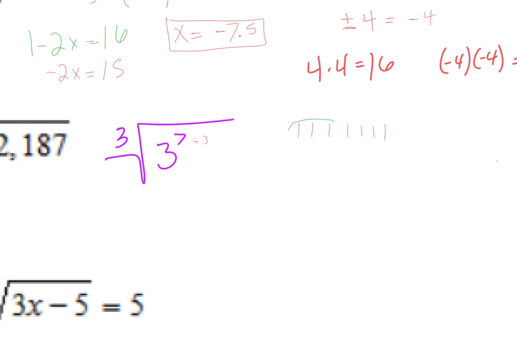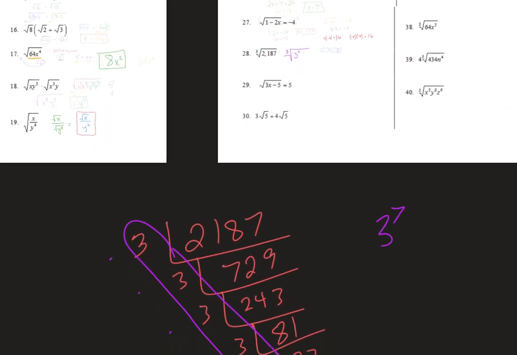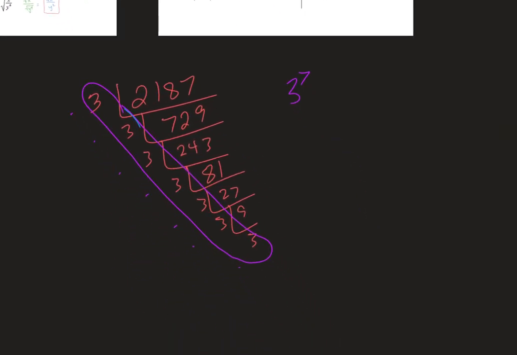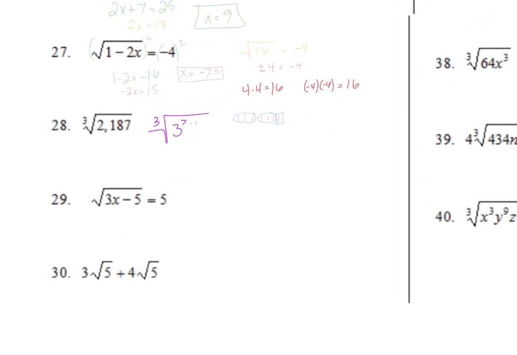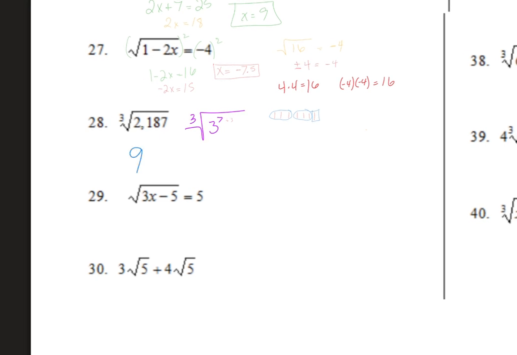You would get 2 3s, and then a lonely little 3 would stay at home. So we actually could verify that down here. One 3 goes out, another 3 goes out, and this one stays at home. So the answer is 9 cube root of 3. Wow.